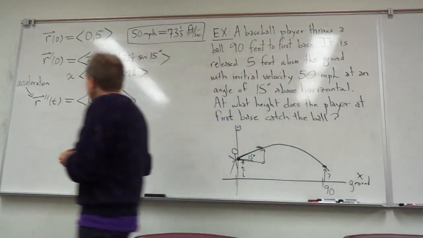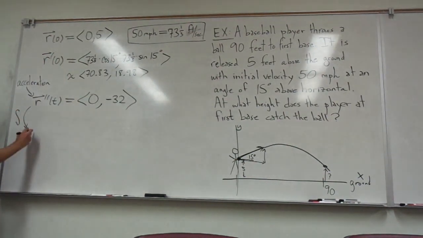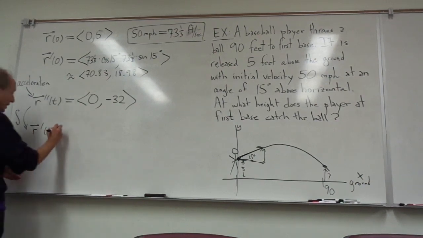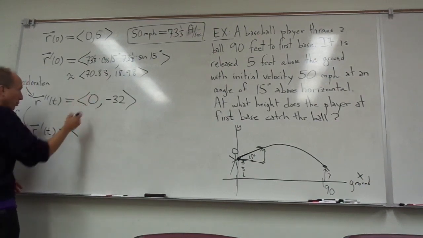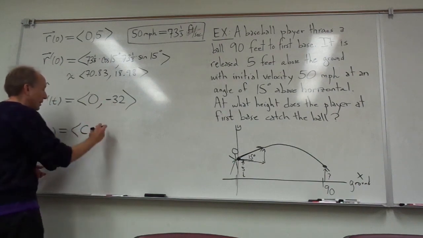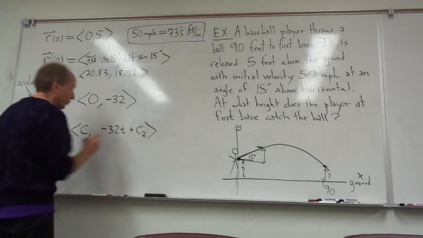What we have to do now is integrate this twice to get our position function. When I do one integration, I'll get back to my velocity. Of course, the integral of 0 is 0 plus a constant, I'll call it c1. And the integral of negative 32 is negative 32t plus c2.